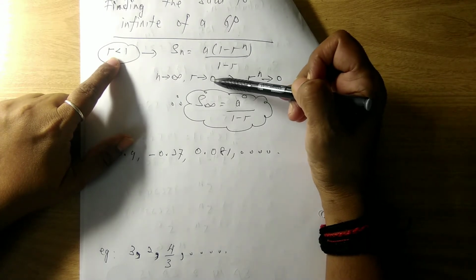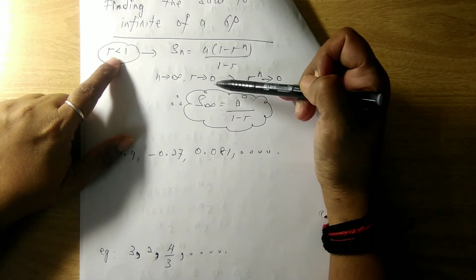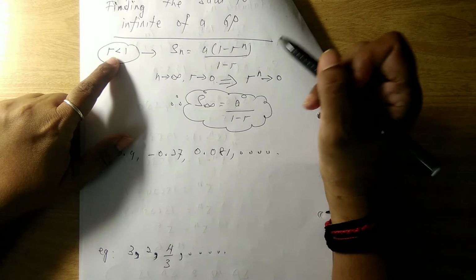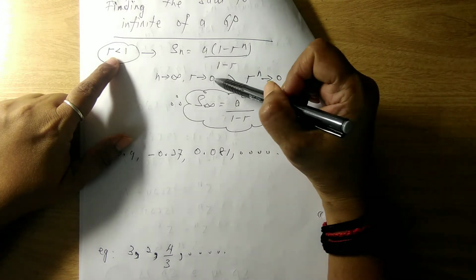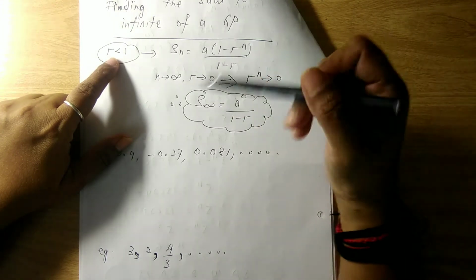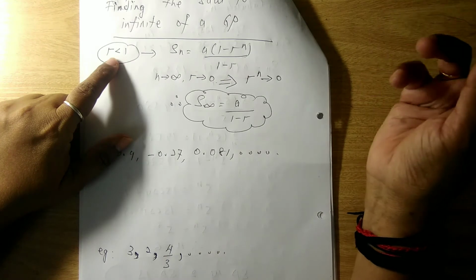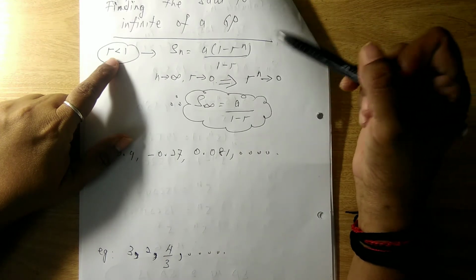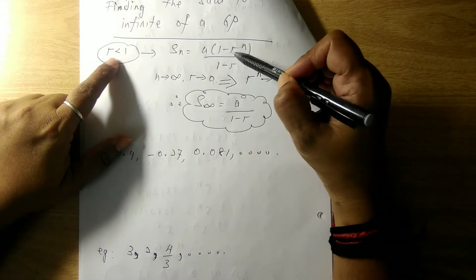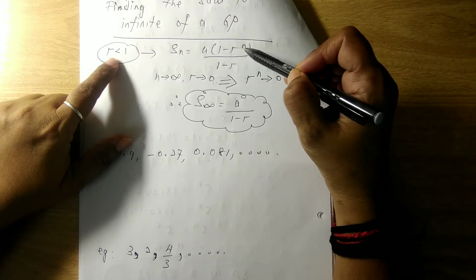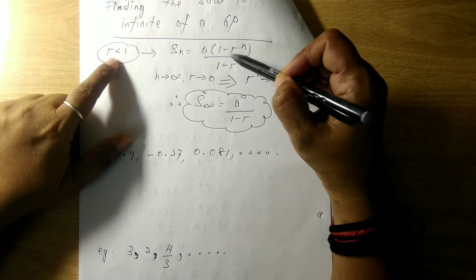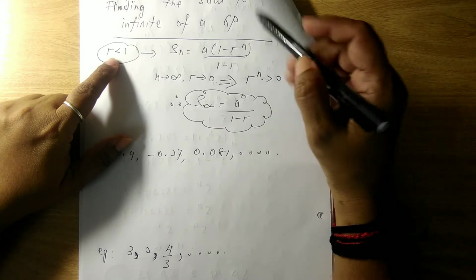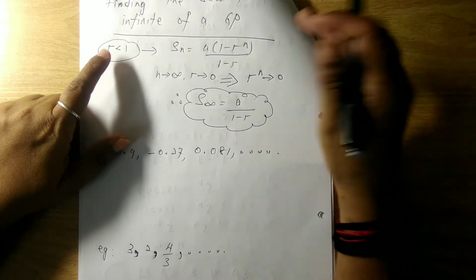So my assumption is that r is getting very, very small. When you power a very small number many times, the value of r to the power n approaches 0, almost 0.